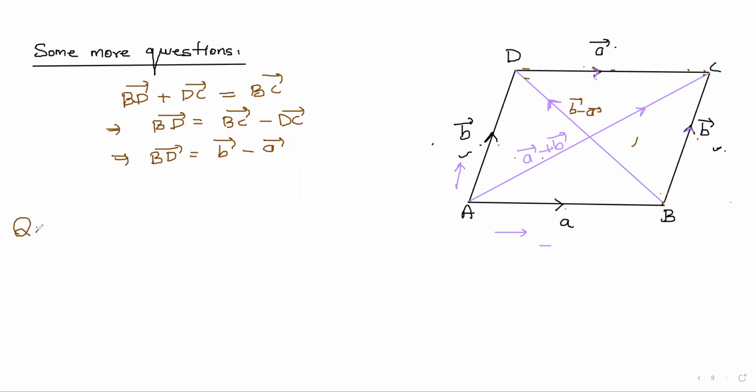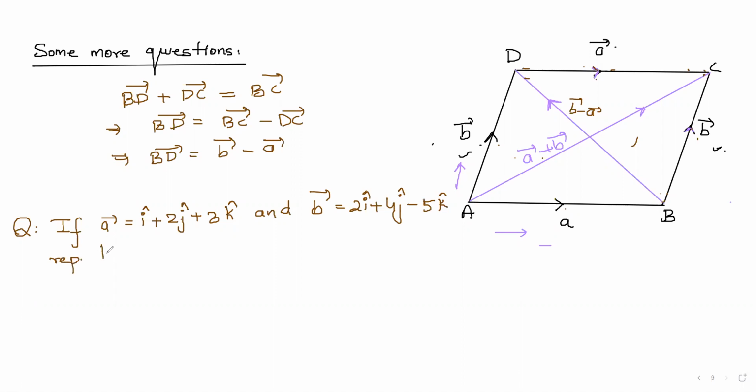Now please try this question. If A is equal to i cap plus 2j cap plus 3k cap and B is equal to 2i cap plus 4j cap minus 5k cap represent two adjacent sides of a parallelogram.